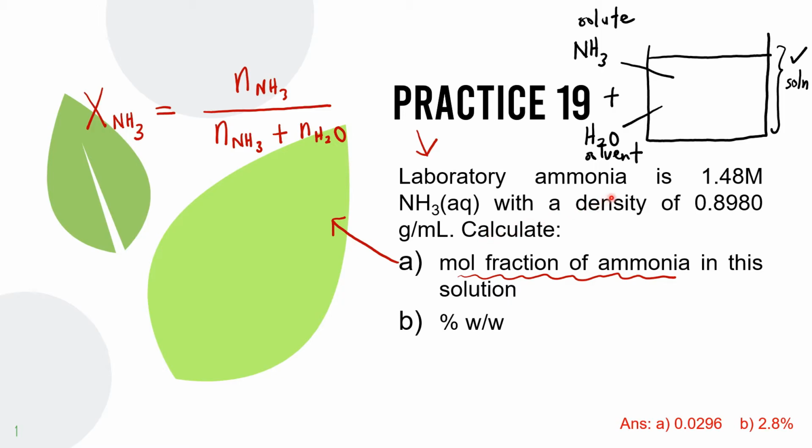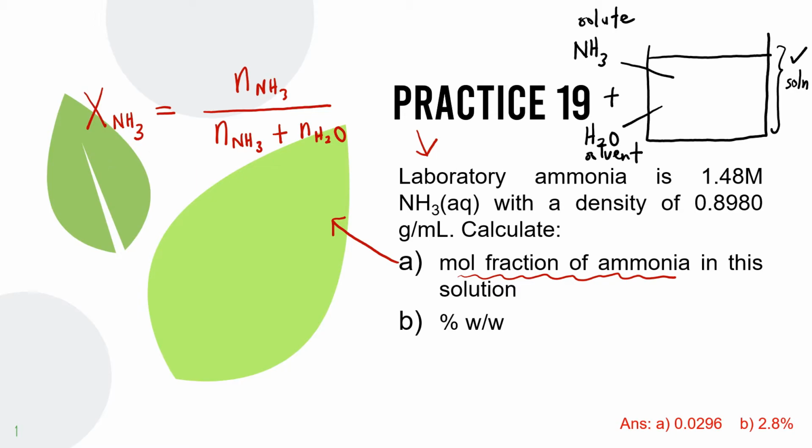We don't even have the mass of ammonia and mass of water. So you have to manipulate the data given in the question. You need to identify what to do so that these values can be used to find the mole fraction of ammonia.